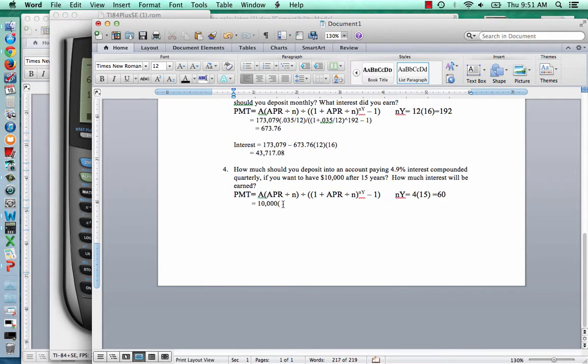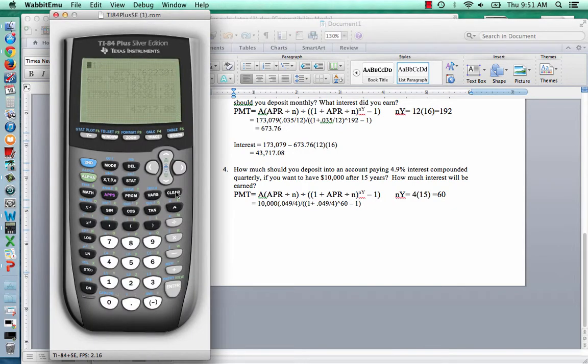Okay, so let's type it in the formula. 4.9 interest, 0.049 divided by 4, not 12 because we're doing quarterly, divided by, again, double parenthesis, 1 plus the APR, which is 0.049, divided by 4 again, to the 60th, minus 1 and the parenthesis.